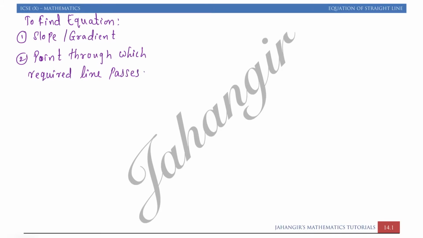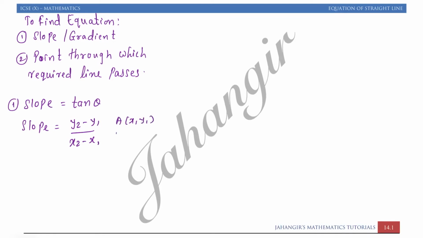So we had understood that slope can be found out using tan theta when inclination is given. Slope can be found by using y2 minus y1 upon x2 minus x1 when 2 points are given, just like A, x1, y1, B, x2, y2.